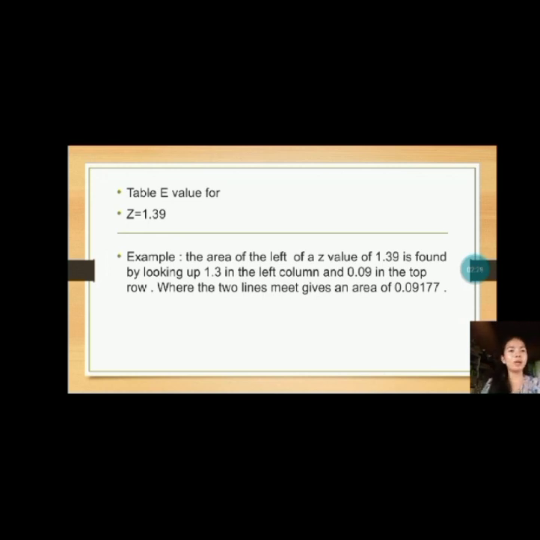The area to the left of z equals 1.39 is found by looking up 1.3 in the left column, and then the top column is 0.09, where the two lines meet, an area of 0.9177. So, ganun na siya, guys.